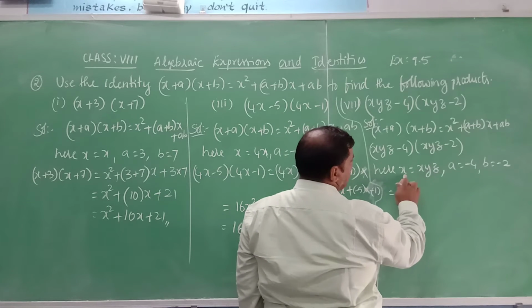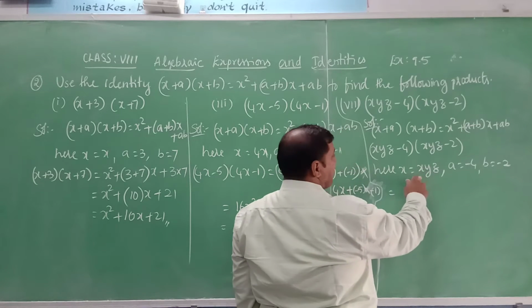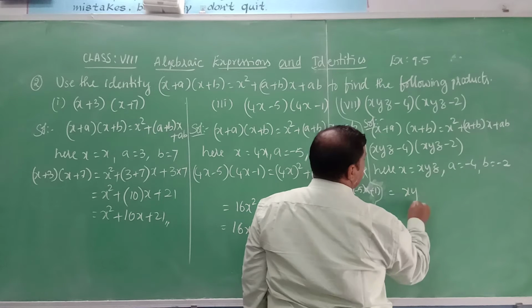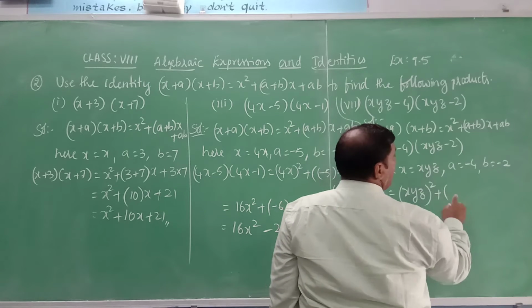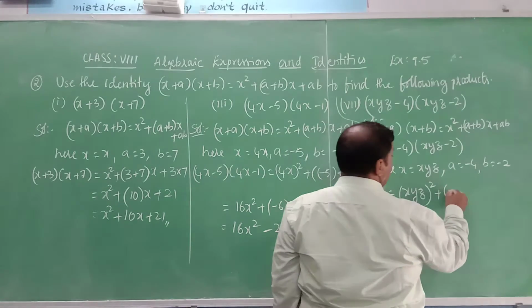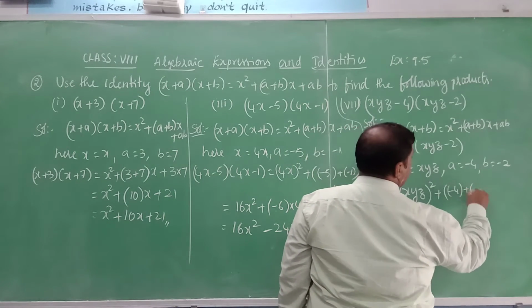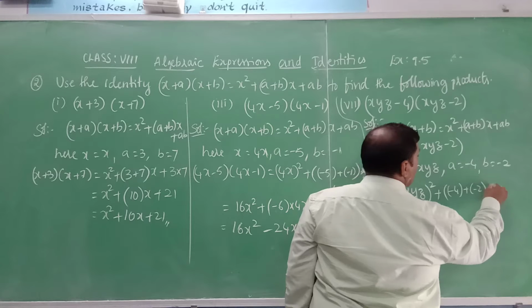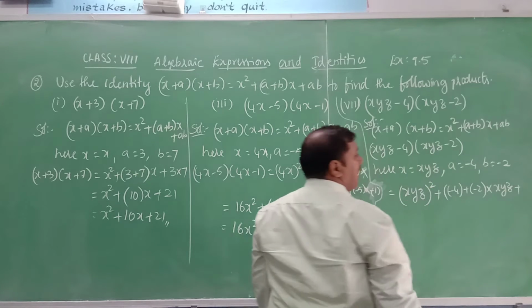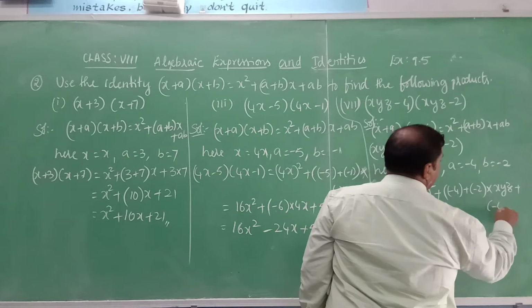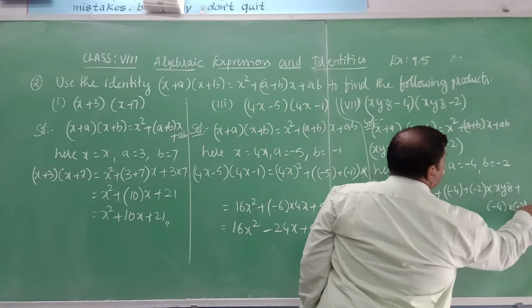x square means, when x is having three variables x, y, z, that is (xyz) whole square, plus a plus b, a is minus 4 plus b is minus 2, into x, here x is xyz, plus a into b, that is minus 4 into minus 2.